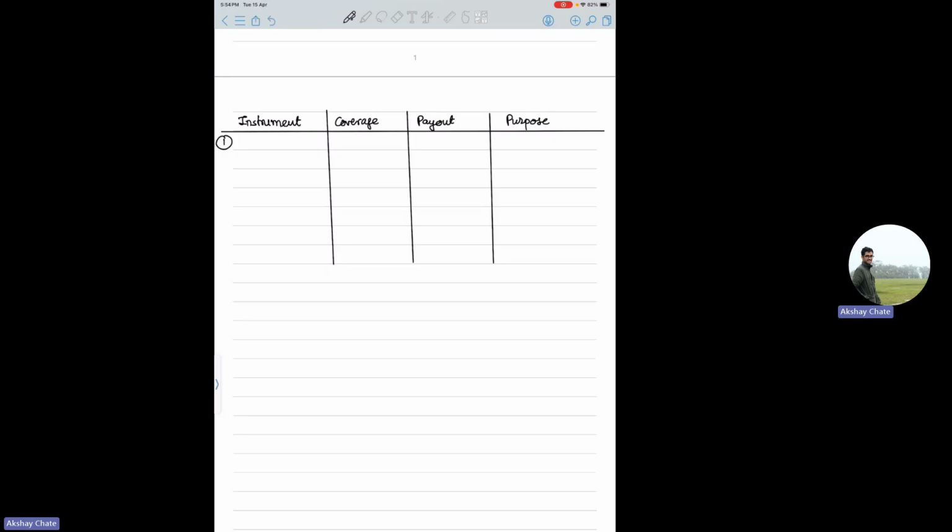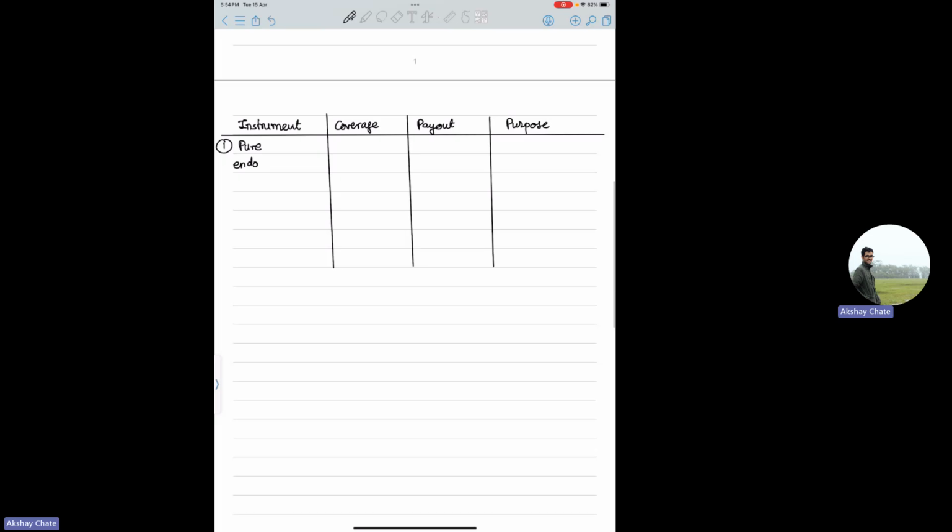The primary purpose of pure endowment plans is savings. If you survive the term of the contract or the policy, you will get a certain lump sum amount of your investments. That is called a pure endowment plan.